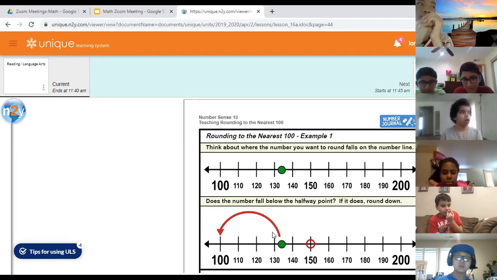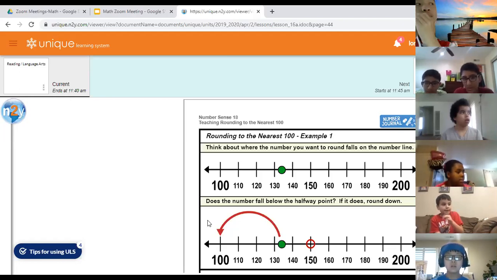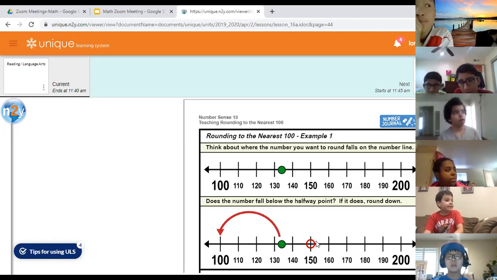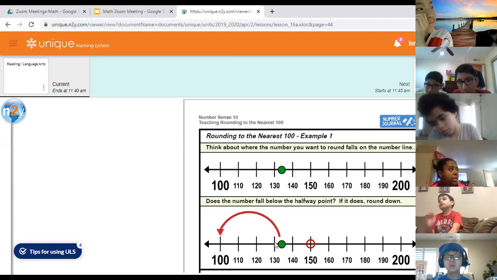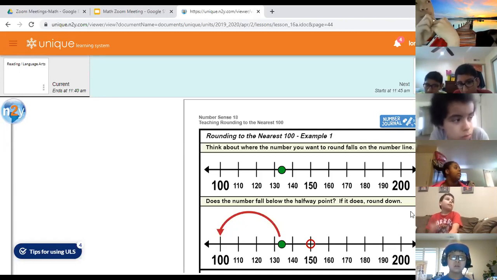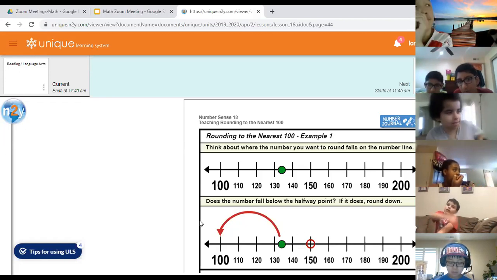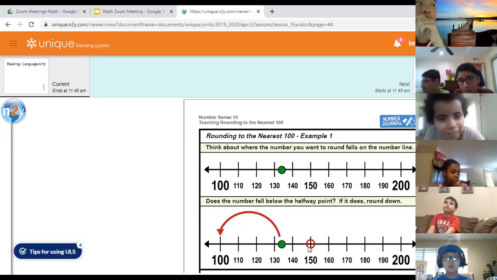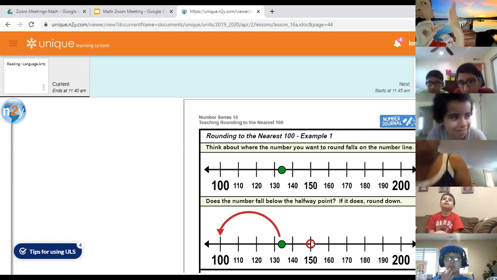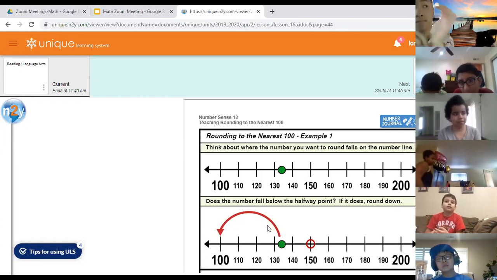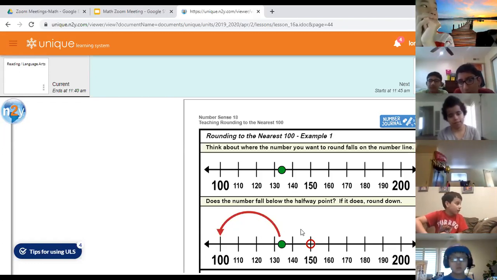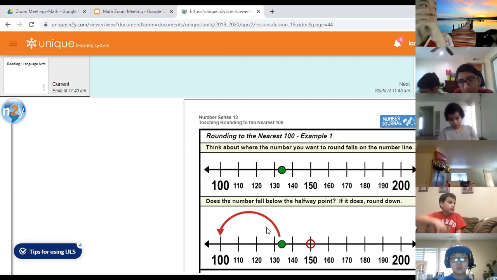So if it is below the halfway point, that means we round down. If the numbers fall below the halfway point, the very middle, we always round down.